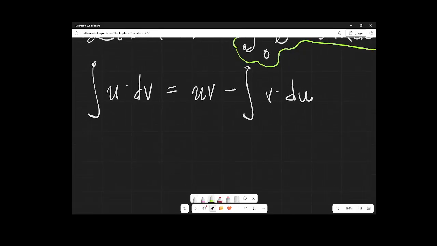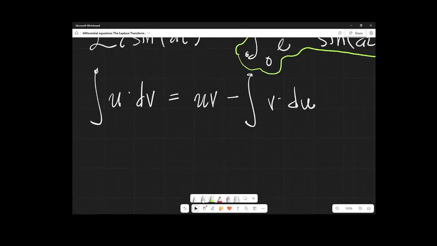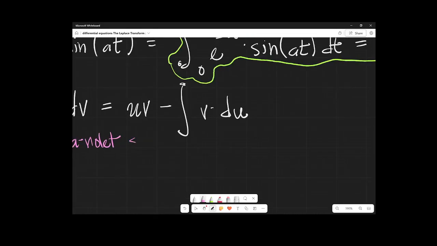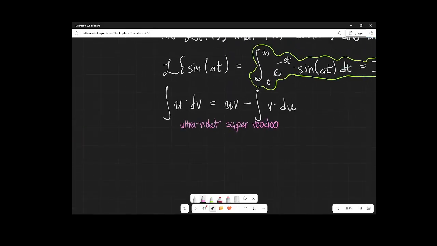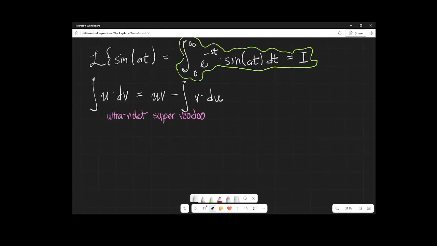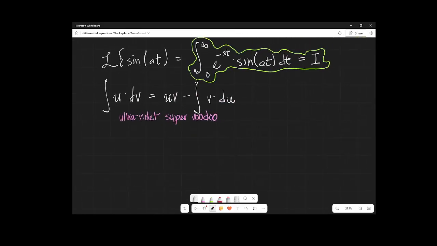I really like that mnemonic device. It's always stuck with me. Everybody that I've told it to has said they've never forgotten it. You can also just derive the formula every time as well. But I like mnemonic devices, so it just makes everything a little bit faster.